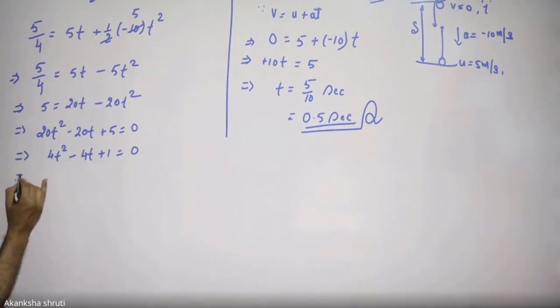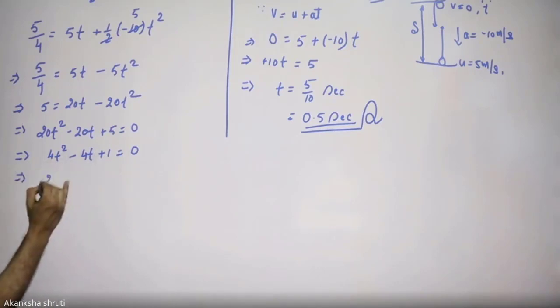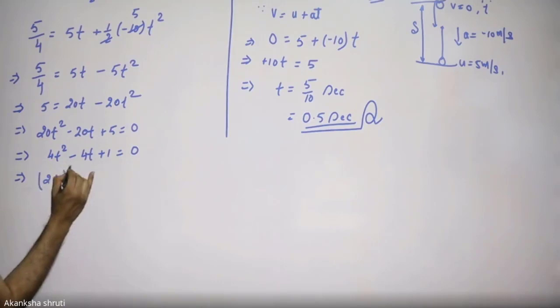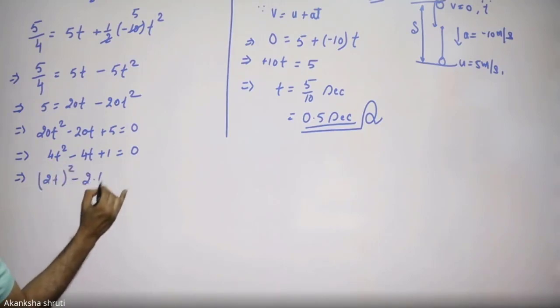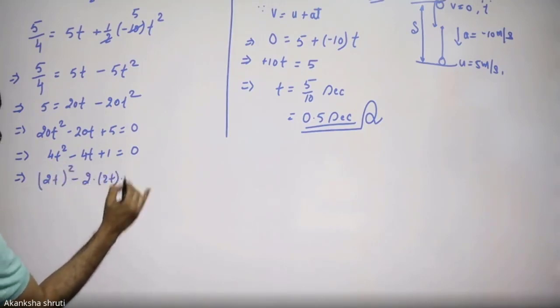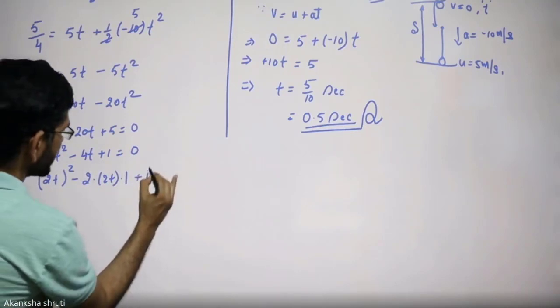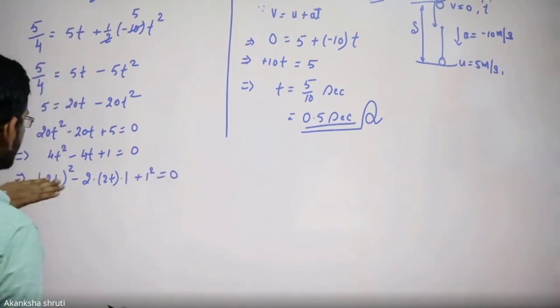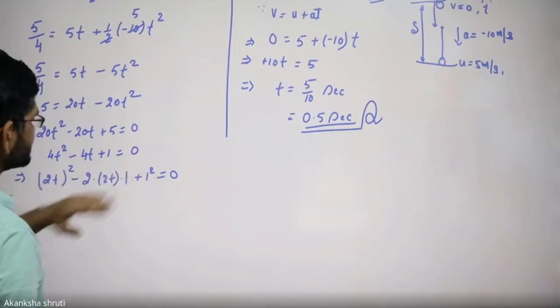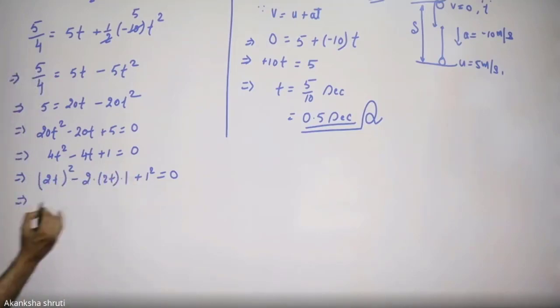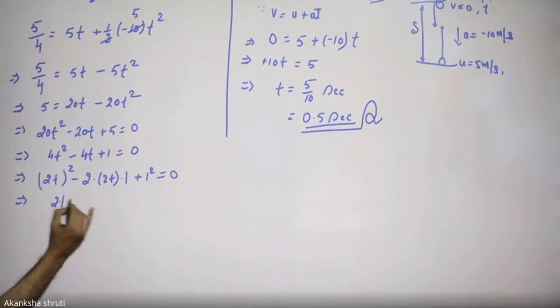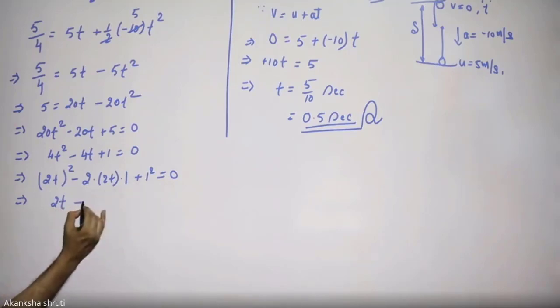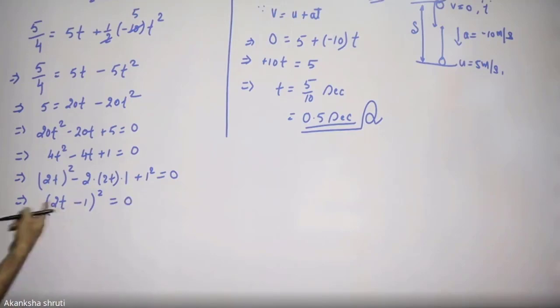Students, we can factorize it. 2t whole square minus twice into 2t into 1 plus 1 square is equal to 0, because it is in the form of a square minus 2ab plus b square. From here we can write 2t minus 1 whole square is equal to 0, because this is in the form of a whole square.